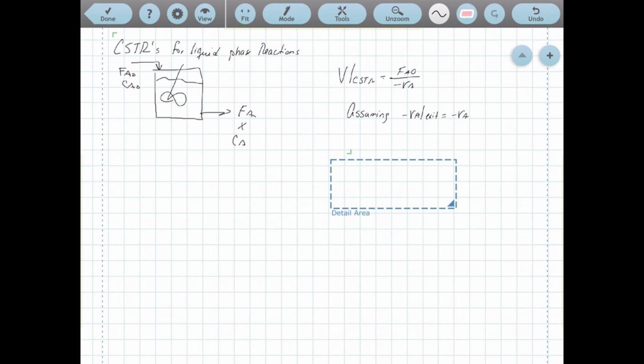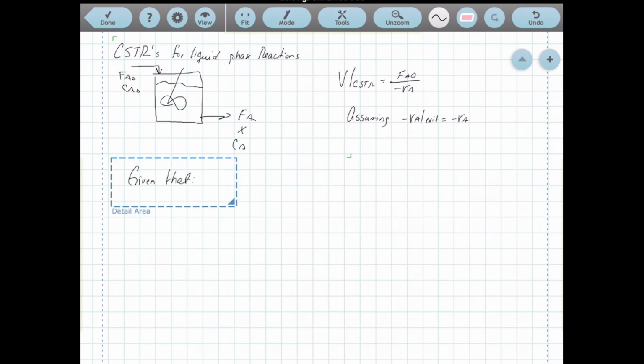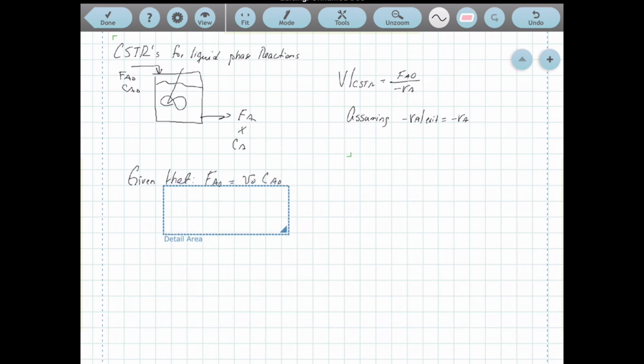So let's work out some definitions for this variable tau. Given that the initial flow rate can be defined as the volumetric flow rate times the initial concentration, we can come up with a definition of the CSTR volume.